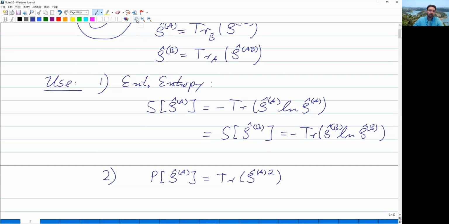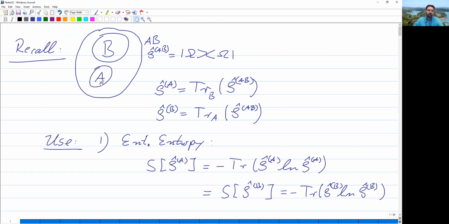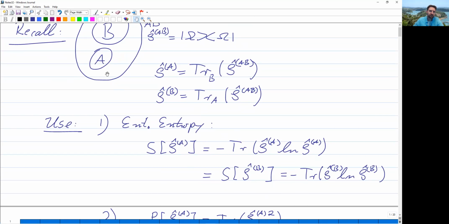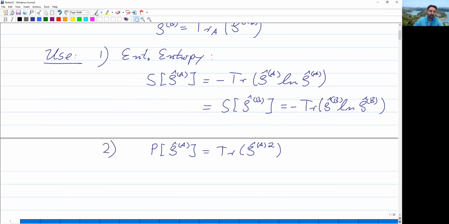And again, this purity measures how mixed subsystem A is, and therefore it measures how much subsystem A is entangled with subsystem B. And again, that notion made sense because it actually comes out the same if we calculate the purity of subsystem B. That's, again, because the eigenvalues of these two density matrices are the same.